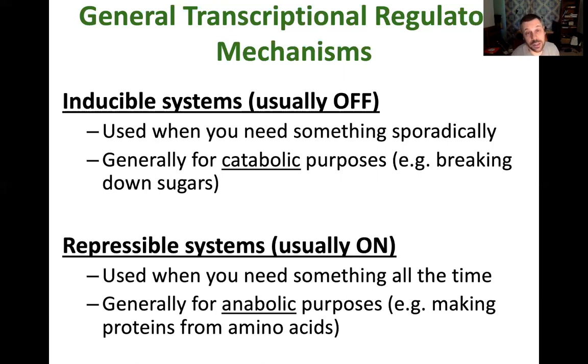Generally, if you're an inducible system, at least in bacteria, you're used for something important for catabolism, breaking down things. And if you're normally on, it's because the cell really needs whatever it is you do, so you're normally building something or making something.